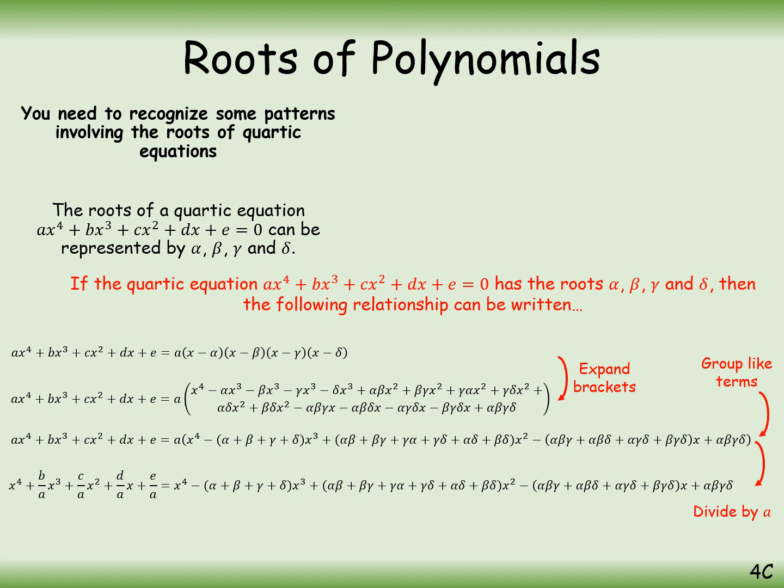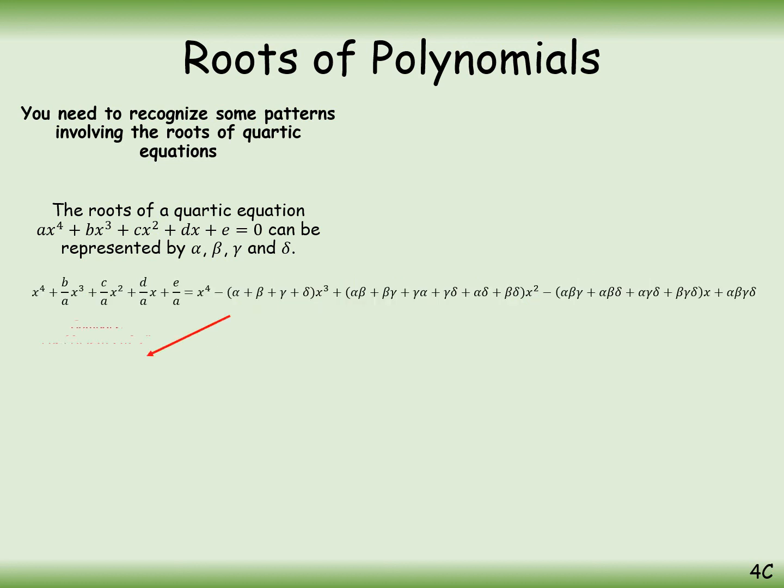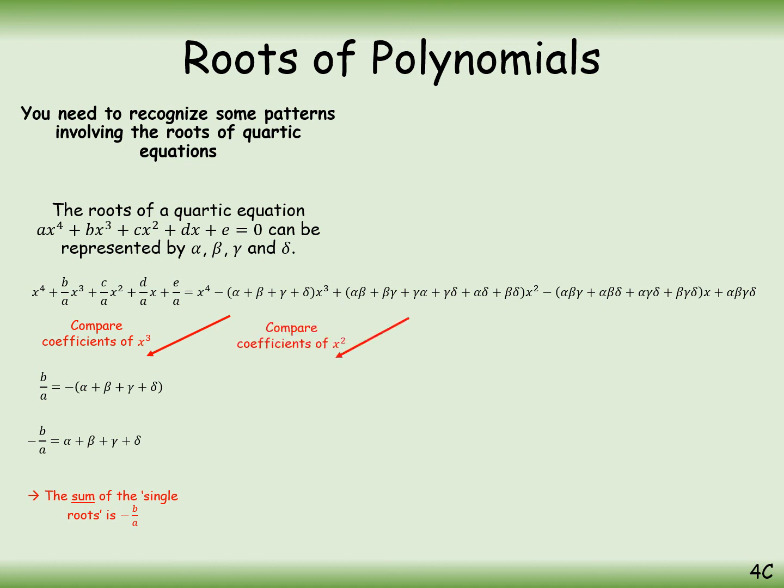Okay, so if you divide both sides by a, you will see that if you compare the coefficient of x cubed, it's b over a equal to minus the sum of all 4 roots. So we could write minus b over a equal to sum of all the roots. So the sum of the single roots is minus b over a. If you compare the coefficient of x squared, so c over a is equal to the following. So here we see a pattern, the sum of the double roots is c over a.